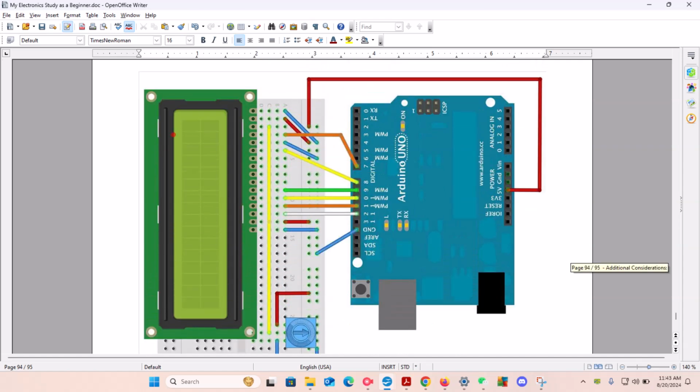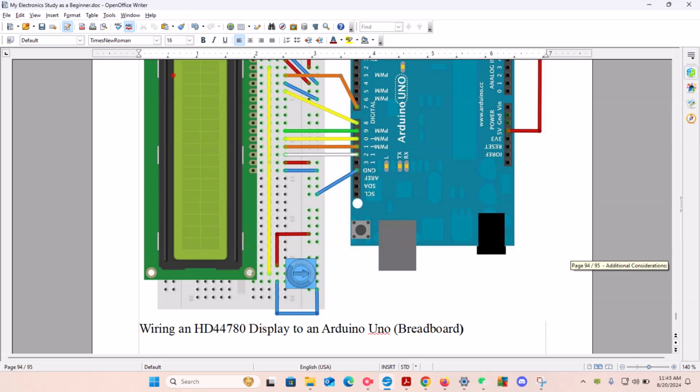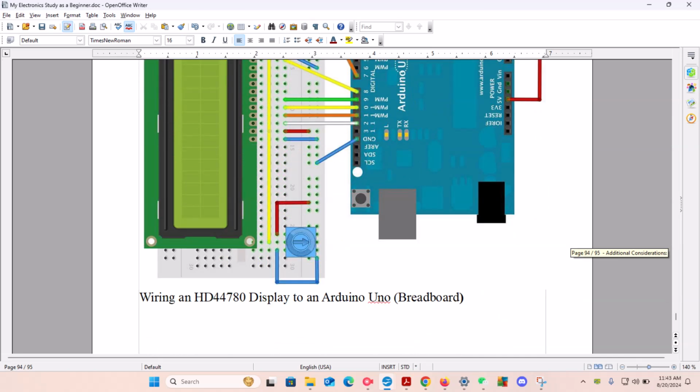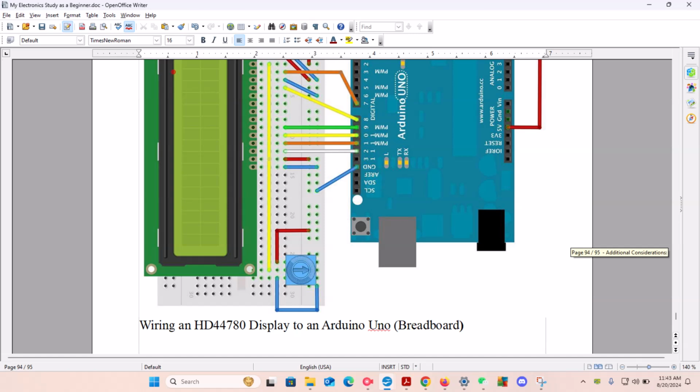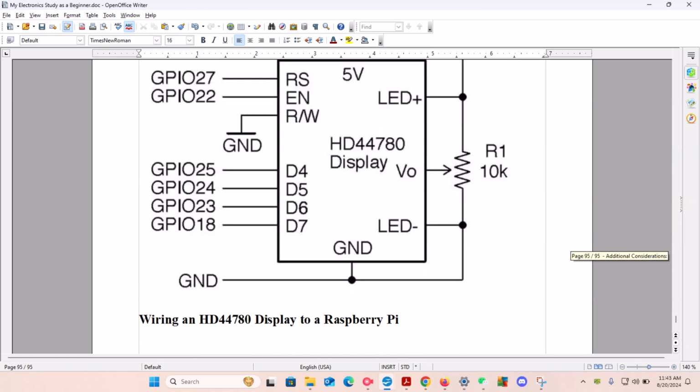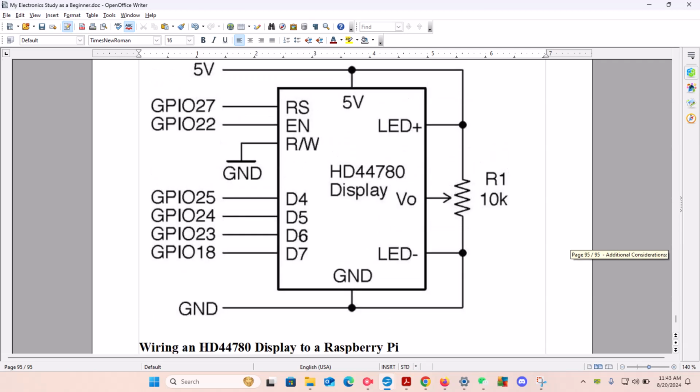Now, to give more particulars, when we look at the wiring, this is the actual electrical wire to the breadboard. We need to look at the display here, which is on top of the actual circuit board, which is in green, and that's connected to the breadboard, which is connected to the Arduino Uno, which of course also is connected to the breadboard.